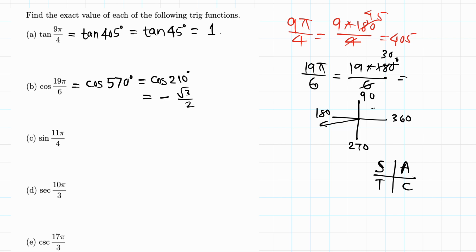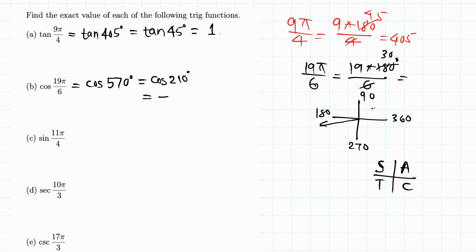Or if you want to go to the reference angle, I was about to go that way. Cosine in the third quadrant is negative. We can get to the first quadrant, and we always work with 180 and 360. We subtract the angle from 180, or subtract 180 from that angle, or subtract from 360, or subtract 360, so that we get a positive angle.